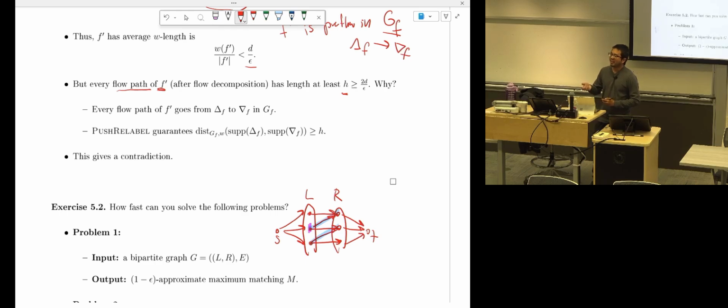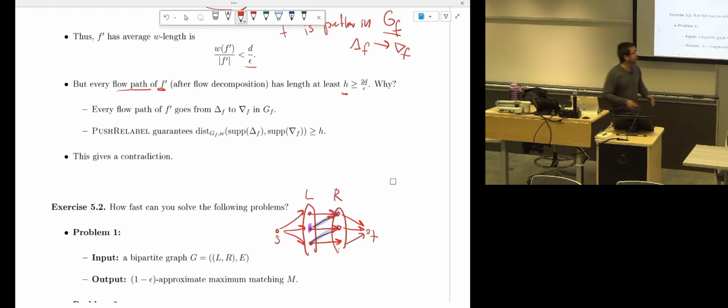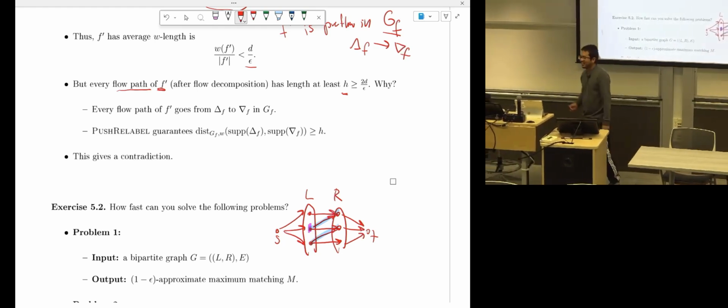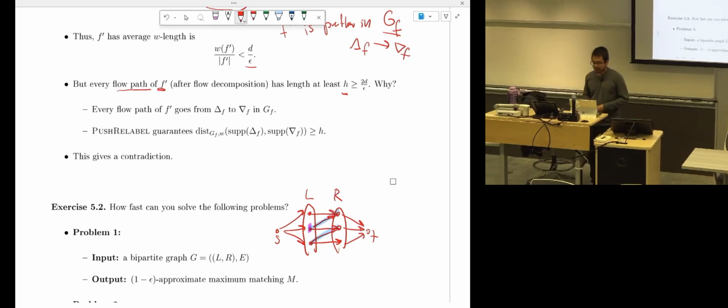Imagine that you run Ford-Fulkerson, and keep finding augmenting paths. At no time is the flow fractional; it's always integral. So there's always an integral max flow, and if you find an integral max flow, that corresponds to a maximum bipartite matching.